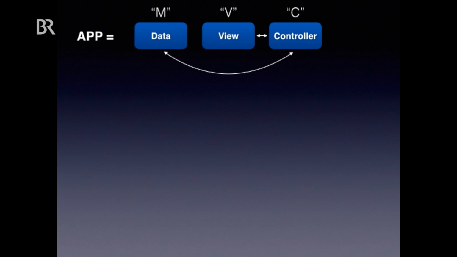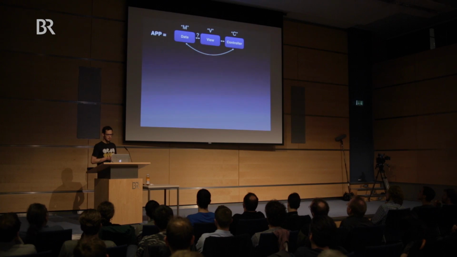Then the controller talks back to the model, so the data, and they all live happily together and form an app. That's nice. It turns out, in reality, you often have a connection between the model and the view, or data and the view. Does someone of you have an idea what that could be?